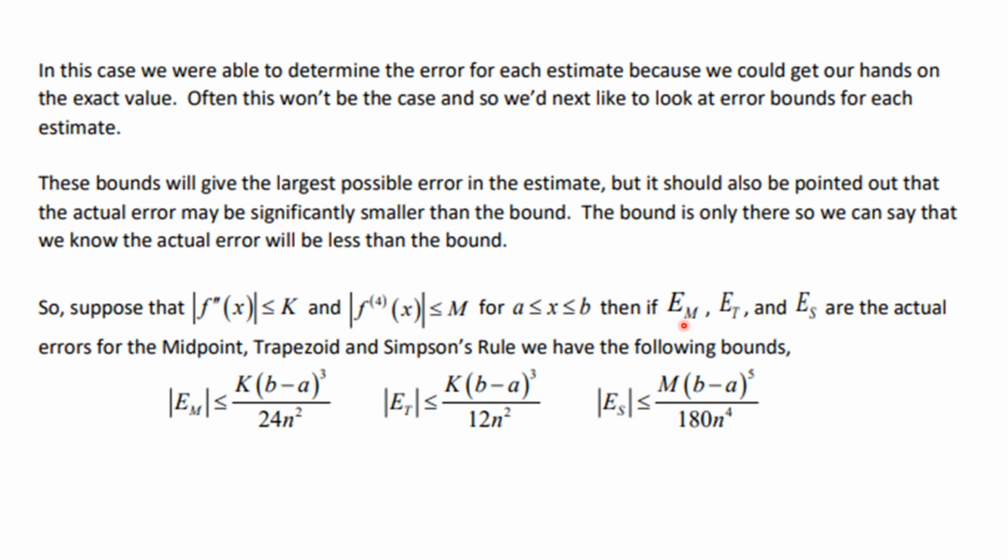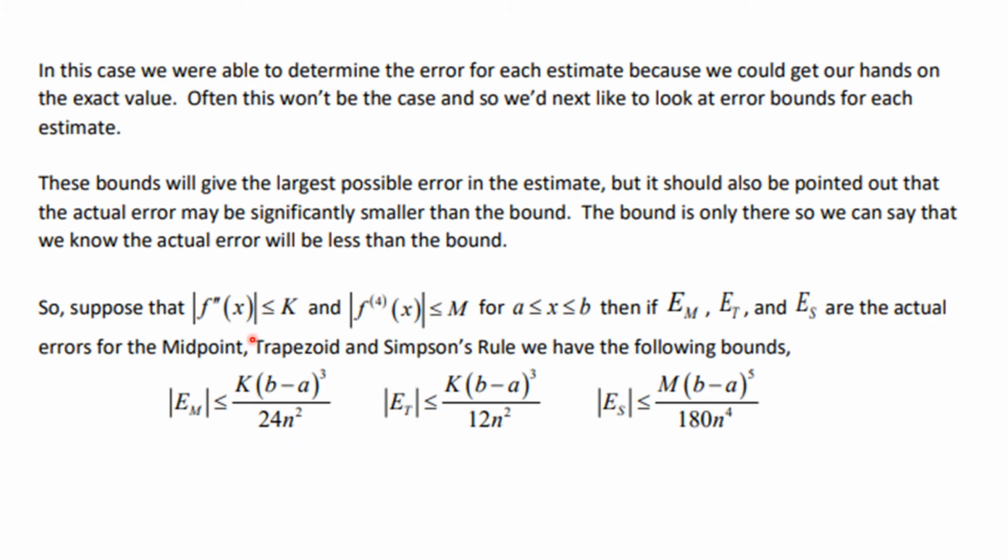E_M represents the bound for the midpoint rule, E_T represents the bound for the trapezoidal rule, and E_S represents the bound for Simpson's rule. The midpoint rule and the trapezoidal rule have similar bounds.